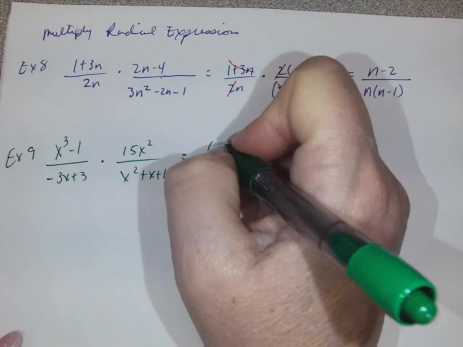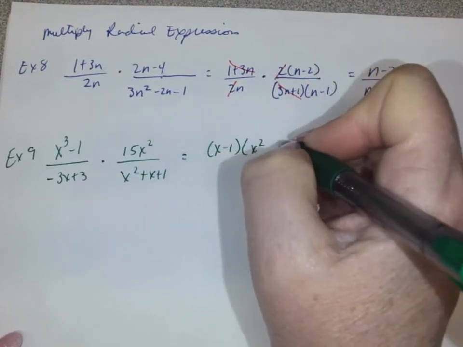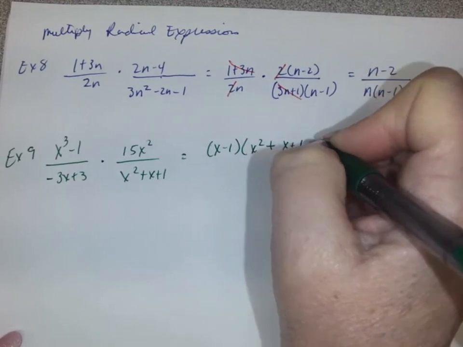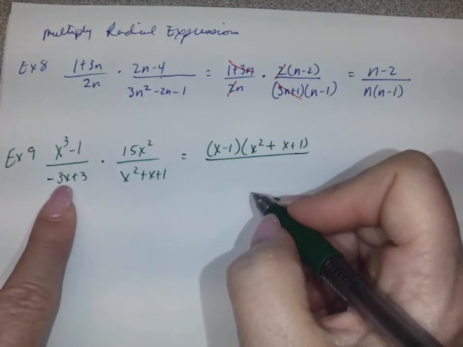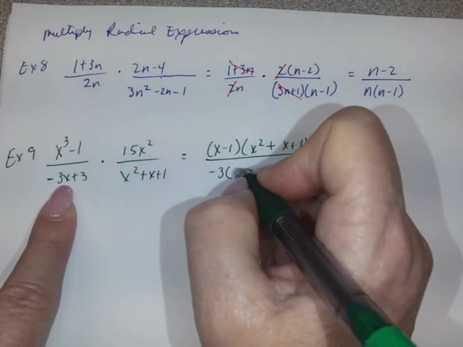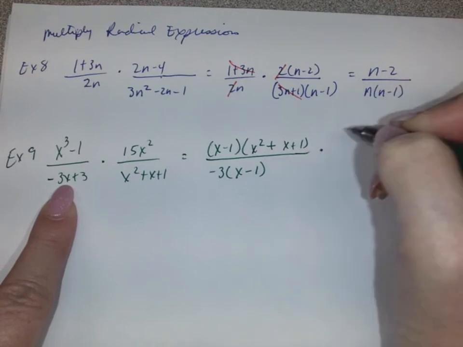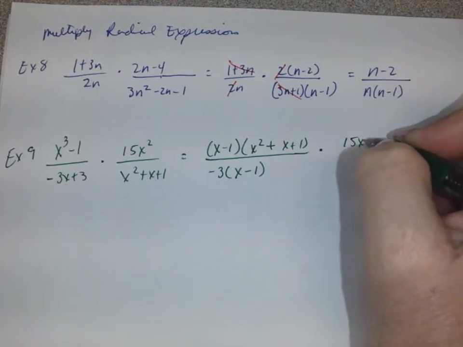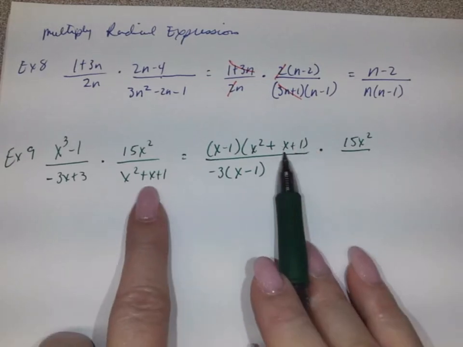Using our formula, we end up with x minus 1 times x squared plus x plus 1 over, here we can factor out the negative 3 and get x minus 1 times, we have our 15x squared over, now notice that this is the same as that.